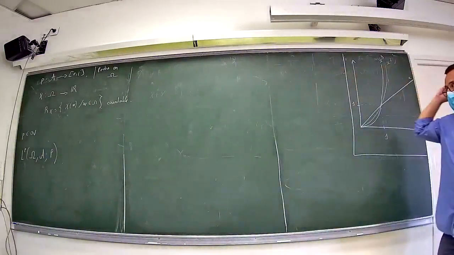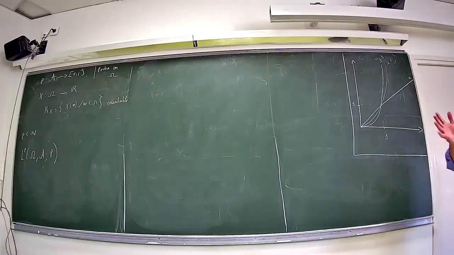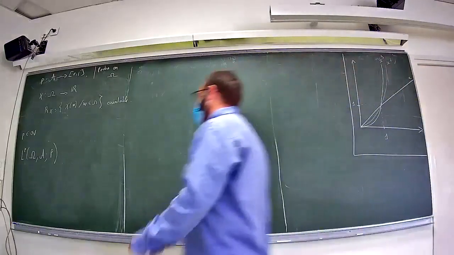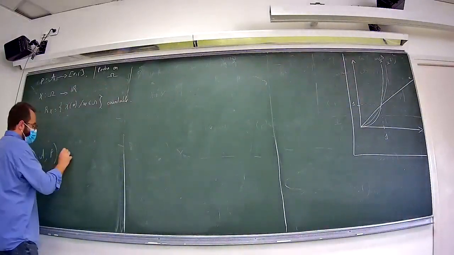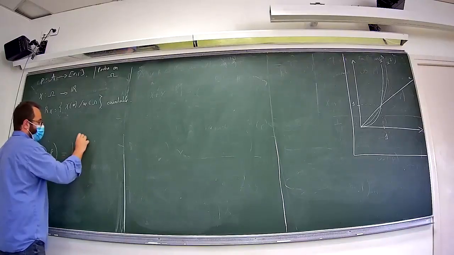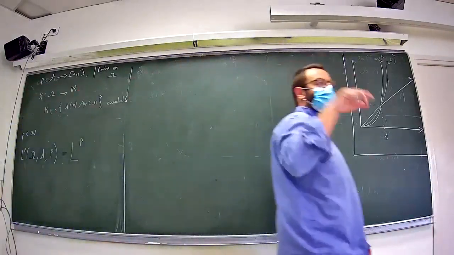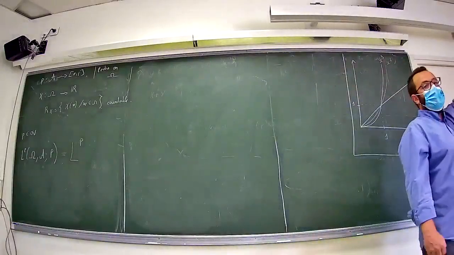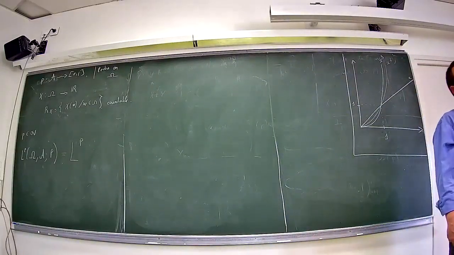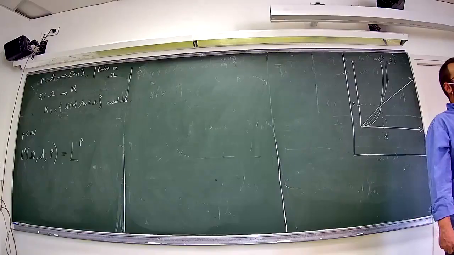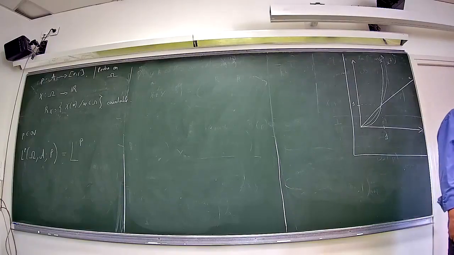What I define as L^p of (Omega, A, P) is a notation, and if I don't have ambiguities in my statement, we will define it simply by L^p, omitting what I have inside. But I keep in mind that inside I have a universe, I have the set calligraphic A on which is defined my probability capital P.